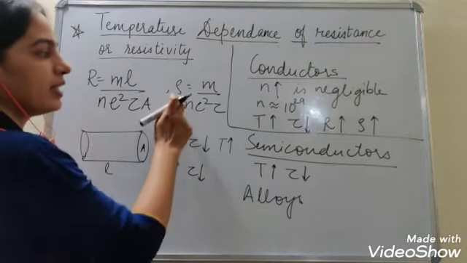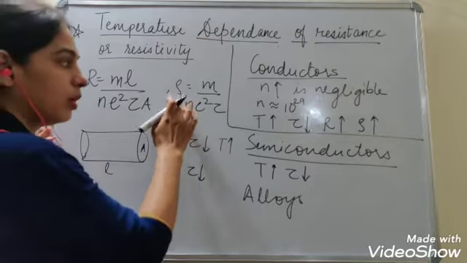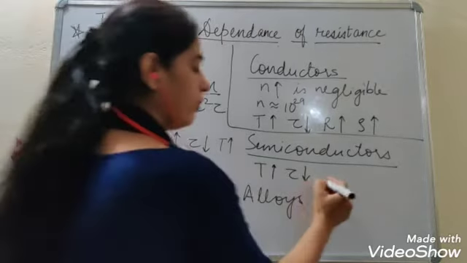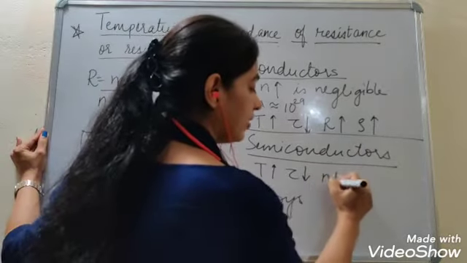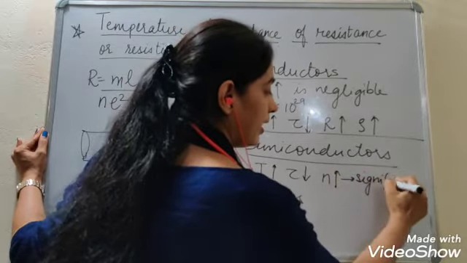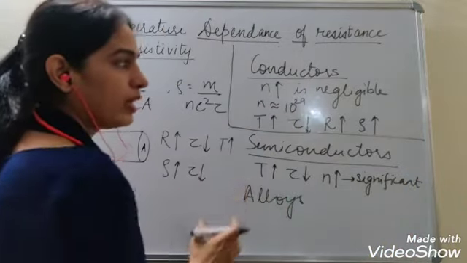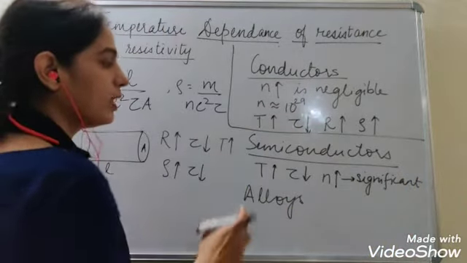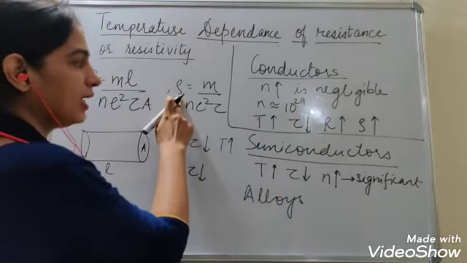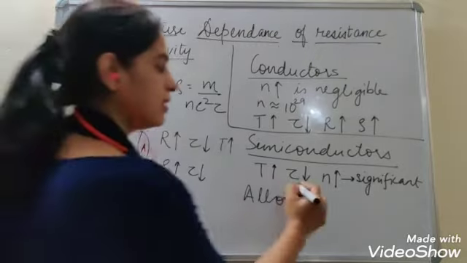Increase in N is here now significant. So remember, N increases, which is significant over here, and decrease in tau is negligible. That is why, since N increases, resistivity decreases and resistance decreases.